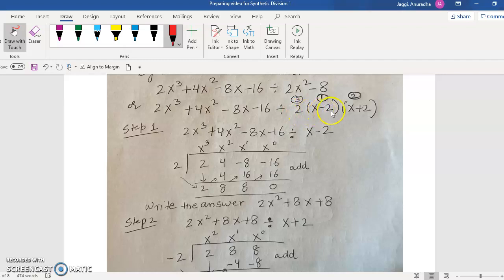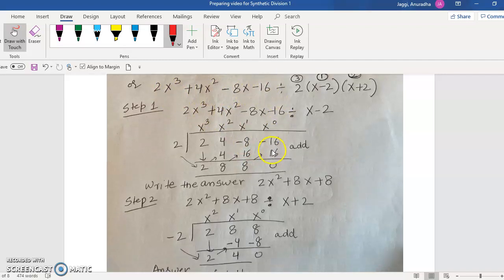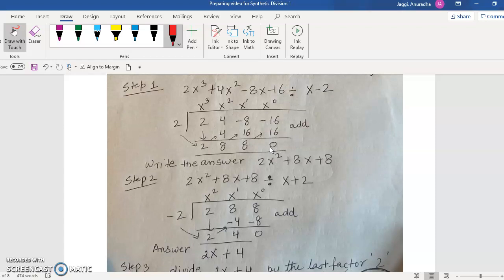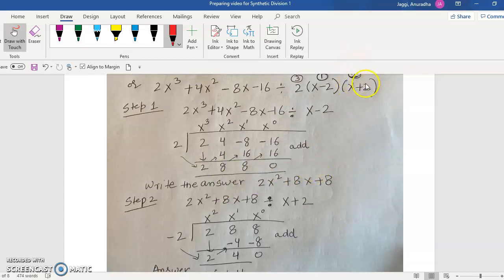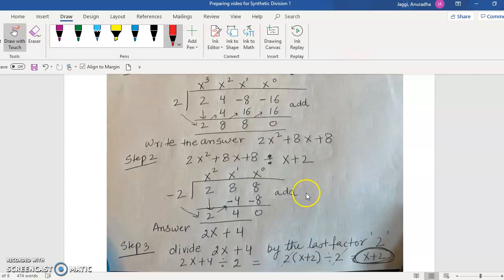Then you can use the first linear binomial to divide the dividend by the synthetic division method, and the answer of that you have to divide by the second factor, and you get your final answer.